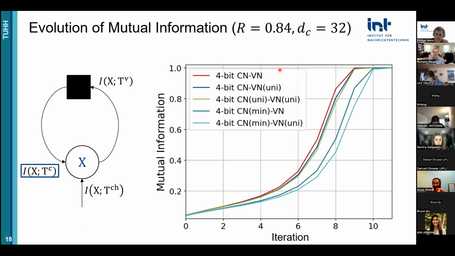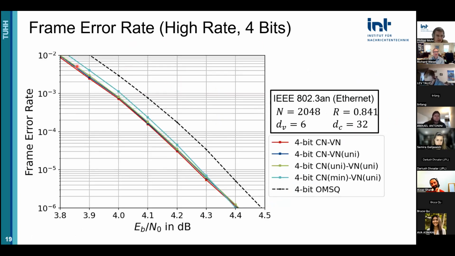Okay, so now we saw that it works well with the mutual information, but how about actual Monte Carlo simulations? This is what we did on this slide here. The mutual information results are confirmed also in terms of frame error rates for a high rate code. We see that the performance is very close, independent of what configuration we have.